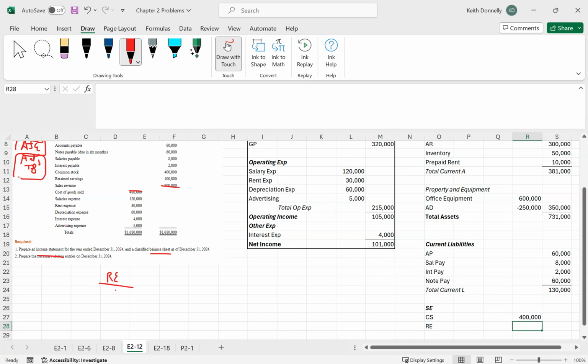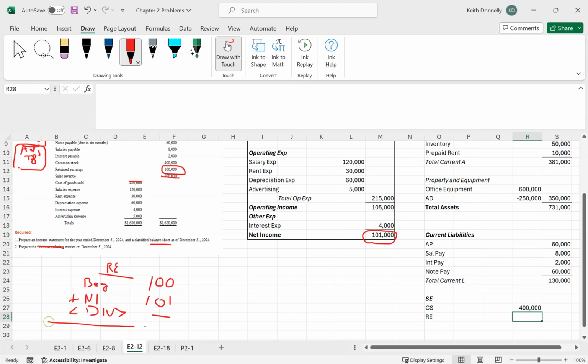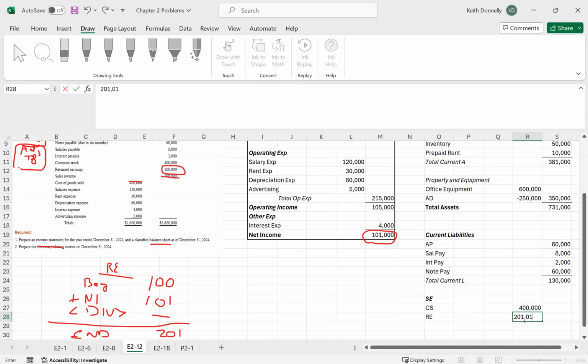because we haven't done the closing entry yet, is going to be our beginning retained earnings, which is the 100, plus any net income, the 101, minus any dividends, which there aren't any, so our ending there is going to be 201.